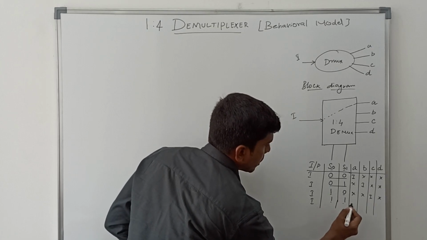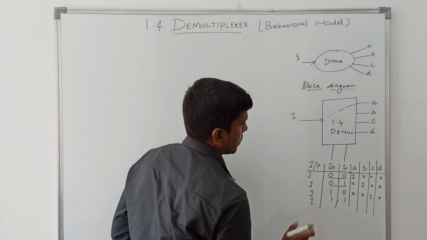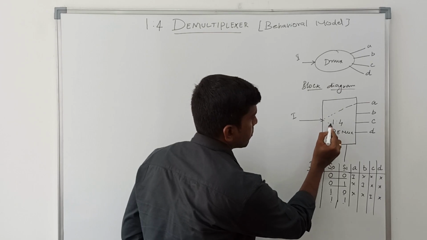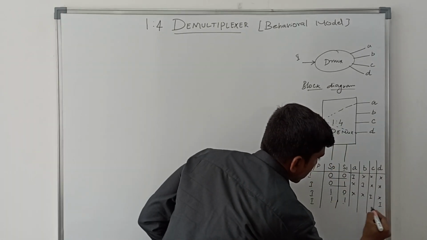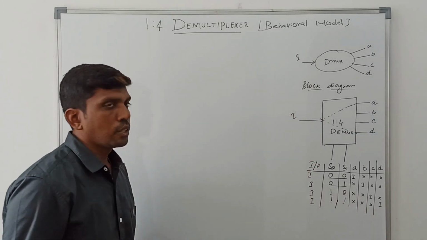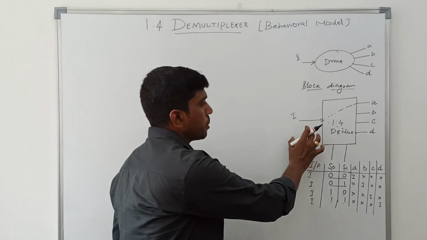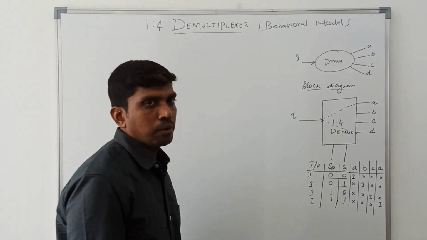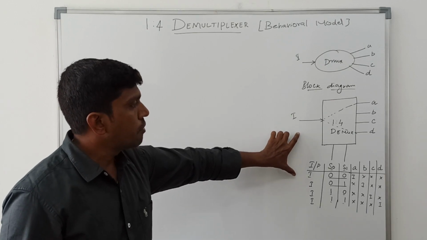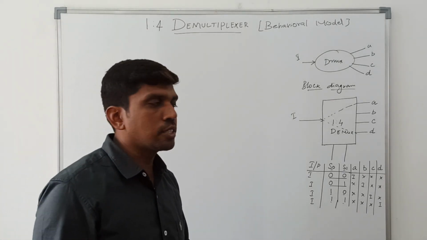The final case, both values are 1 1: the input line is connected to D, so the D value is I, and all the remaining outputs are don't care. So it's a simple block diagram, and this is the truth table for it. Using these two we can write the program in a very easy manner.